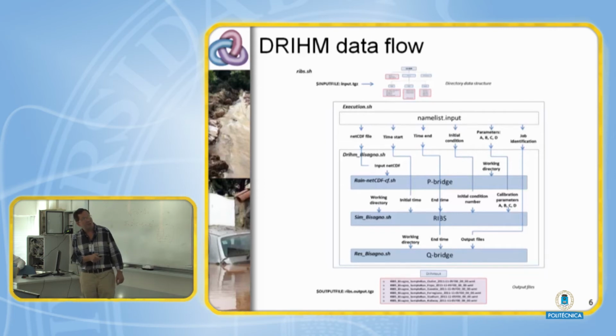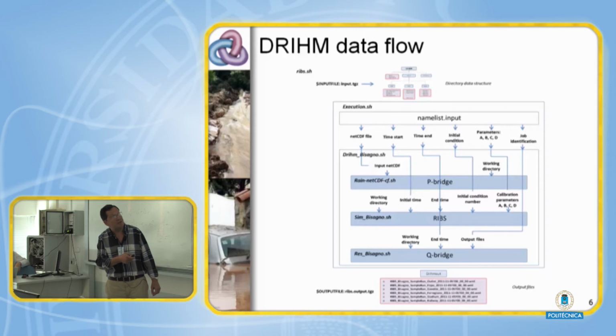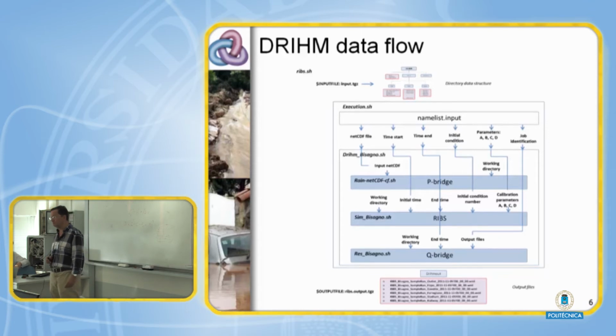DRIHM will execute the model starting with the P bridge, then it will run the model, and finally it will run the Q bridge. Each of these shell scripts will take the adequate input parameters that are passed by the portal.